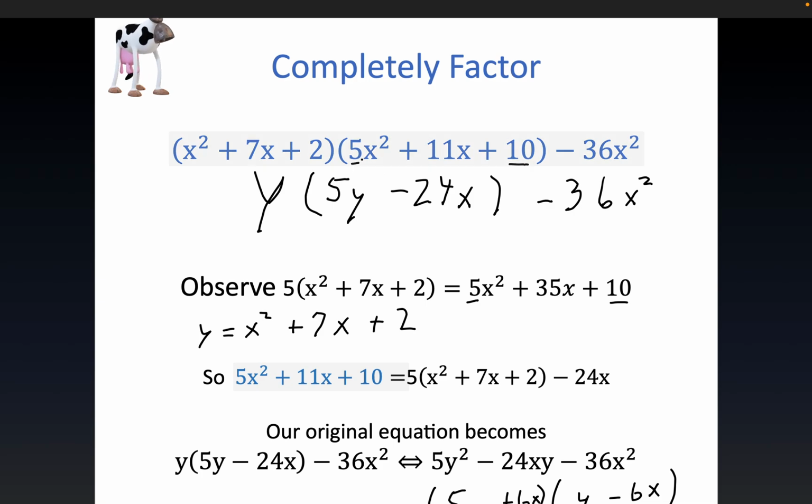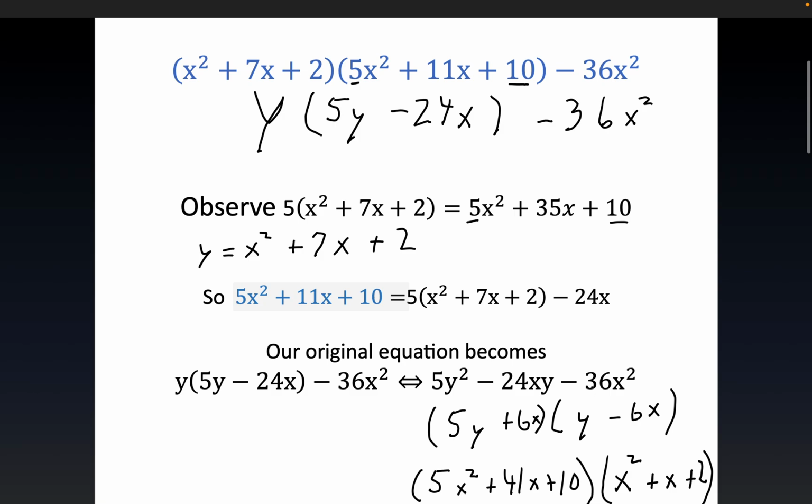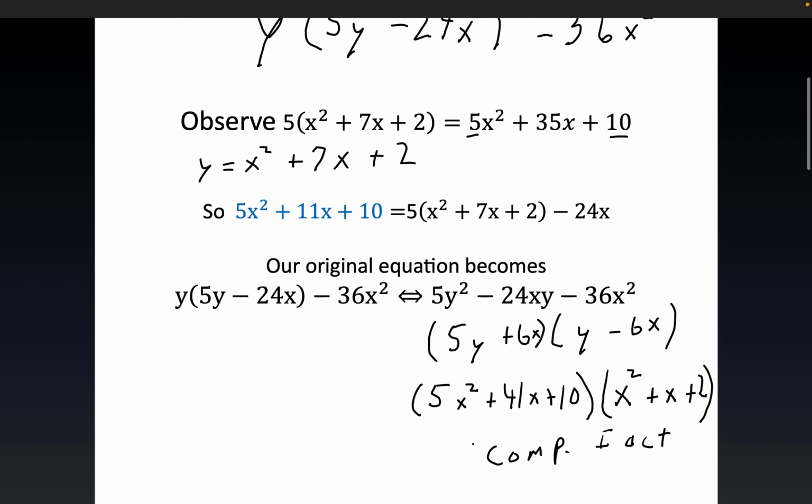We got the 5 and the 10, but we didn't have the 11, so that's why we had to adjust. We got 55 right here, and we had to subtract off to get the 11 back, right? So that's what made it work, actually. And then we managed to factor this expression in 2 variables, then substitute y back in, is how that works. So, anyway, that's it, folks.